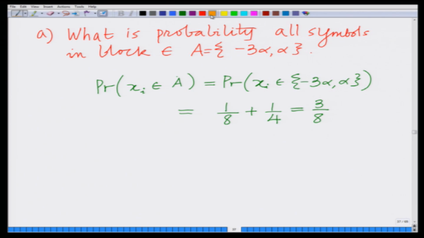Now let us ask the question, what is the probability that all the symbols belong to this set A, that is all the symbols are either minus 3 alpha or alpha.